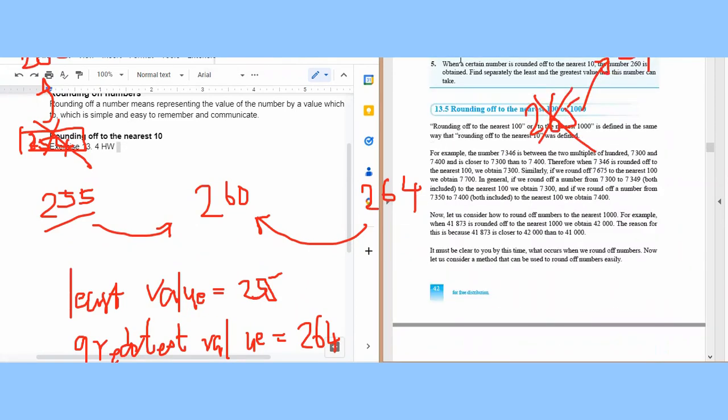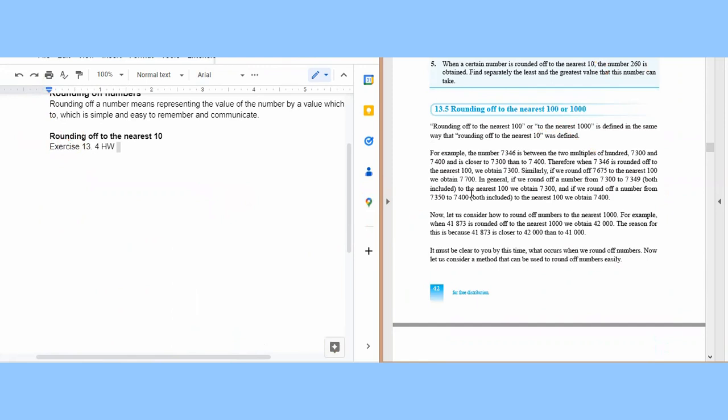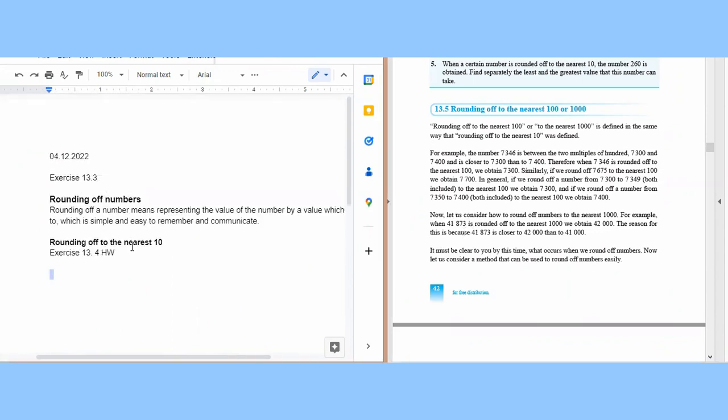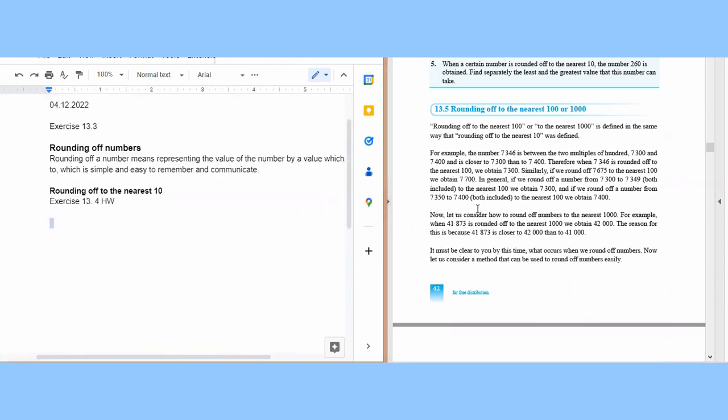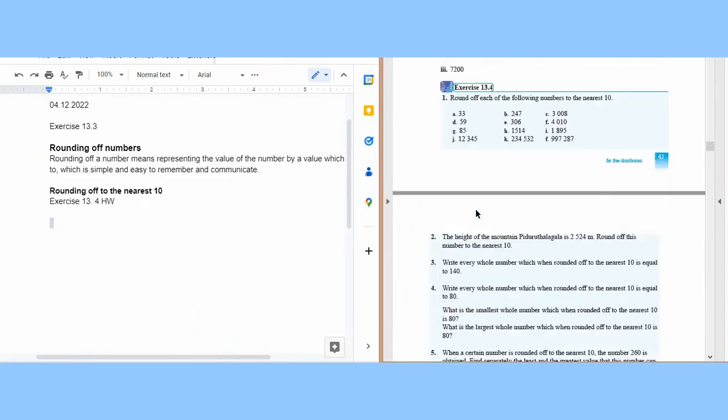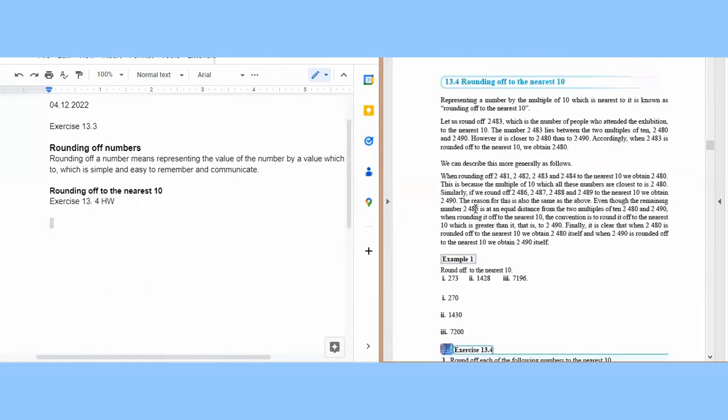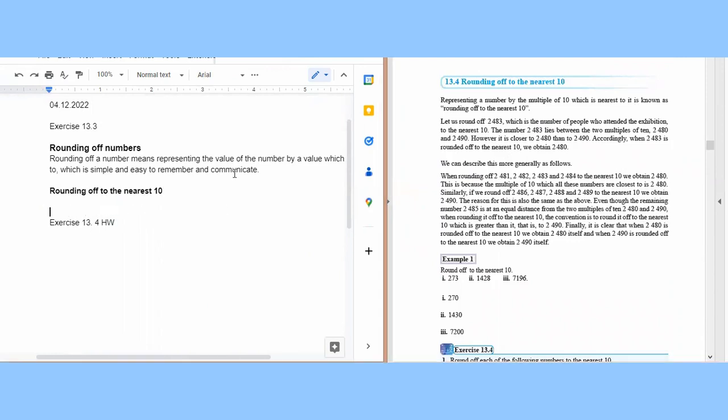So next one, rounding off to the nearest 100 or 1000. So rounding off to the nearest 100 or to the nearest 1000 is defined in the same way that rounding off to the nearest 10 was defined. So for example, you can write down this.